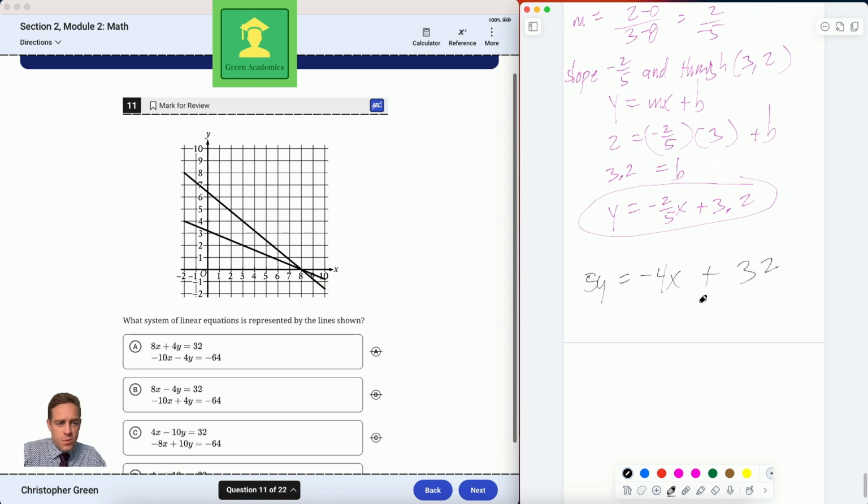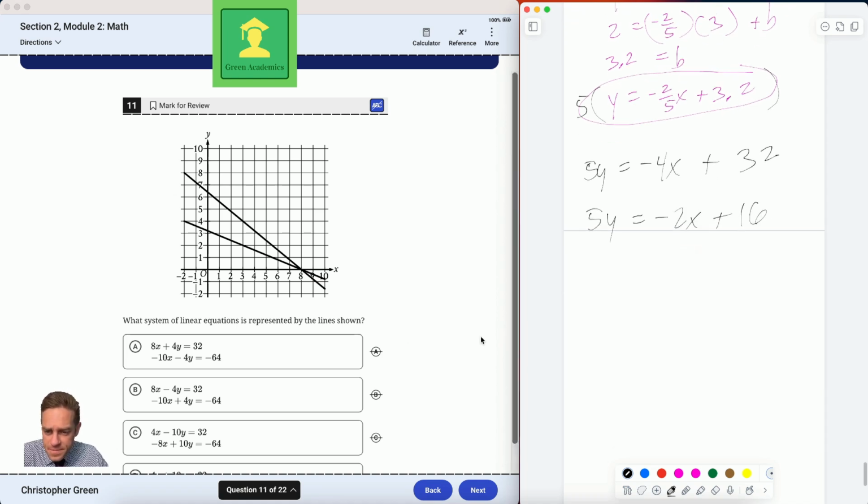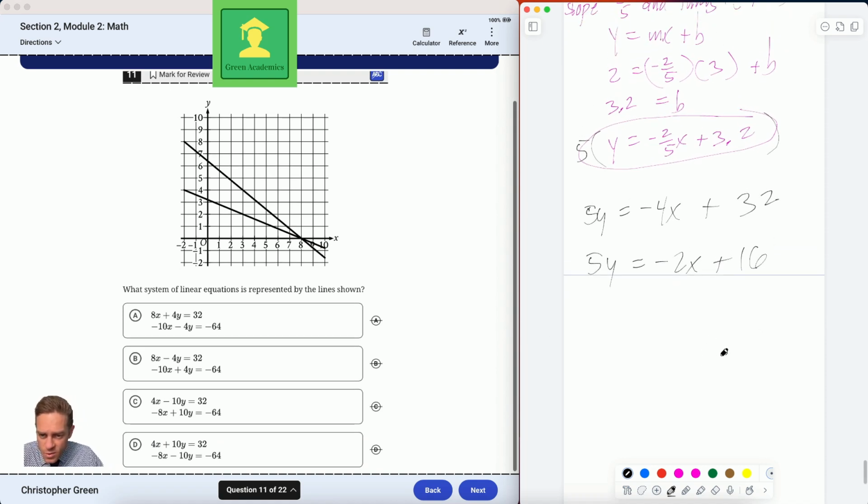And then the bottom one, if you multiply everything by 5, would give you 5y equals negative 2x plus 16. Now, they put the x's and the y's on the left-hand sides. So let's see. It is this system, but you still have to figure out which answer choice that is.